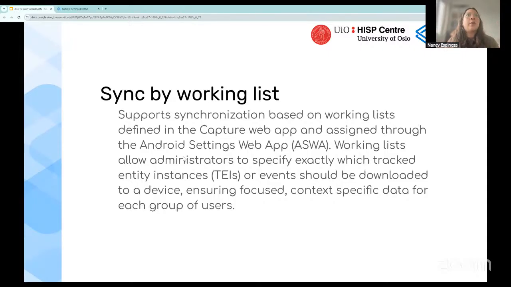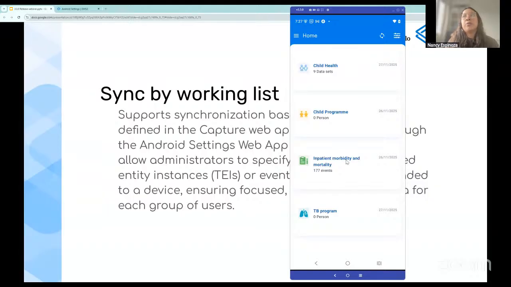For example, maybe my user has access to the inpatient morbidity and mortality event program, and I have 177 events. I don't want to see 177 events. Maybe I just want to see 10, and I want those specifically.